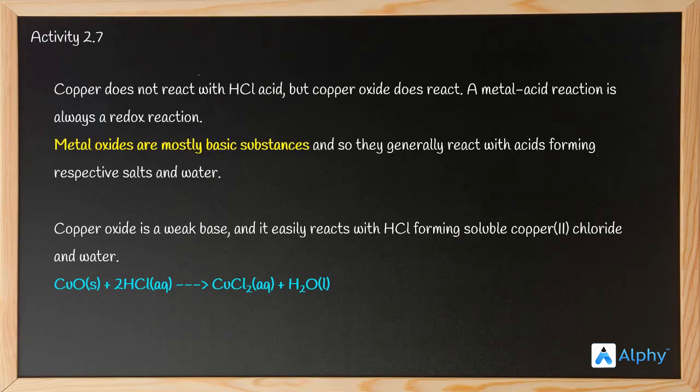See, copper oxide on the reactant side is like copper plus oxygen, right? So you can say that copper has oxygen with it on the reactant side. However, on the product side, copper is losing its oxygen, which means that copper is reduced.